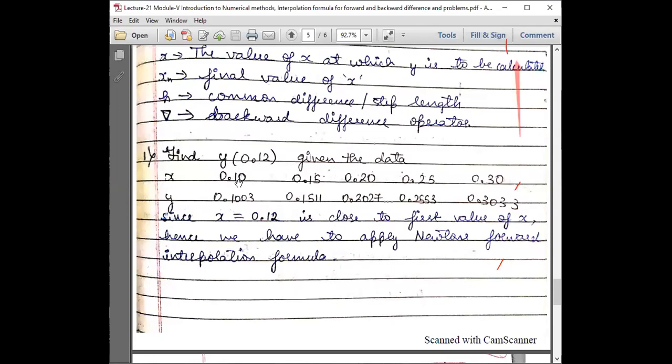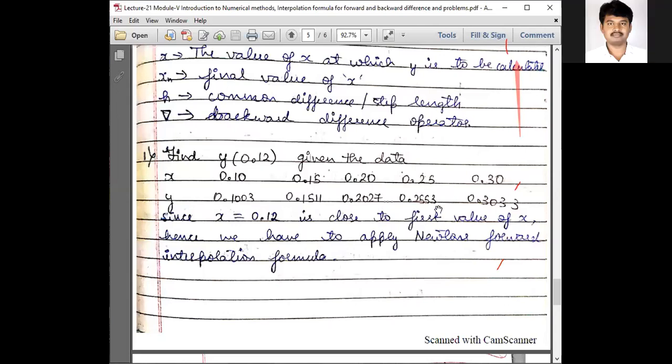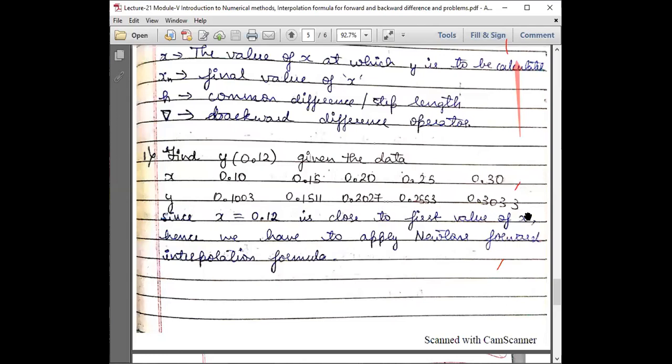X is equal to 0.10, the corresponding value is 0.1003. Then x is 0.15, the corresponding value of y is 0.1511, and x is equal to 0.20, y is equal to 0.2027, x is equal to 0.25, y is equal to 0.2553, x is equal to 0.30, y is equal to 0.3033.